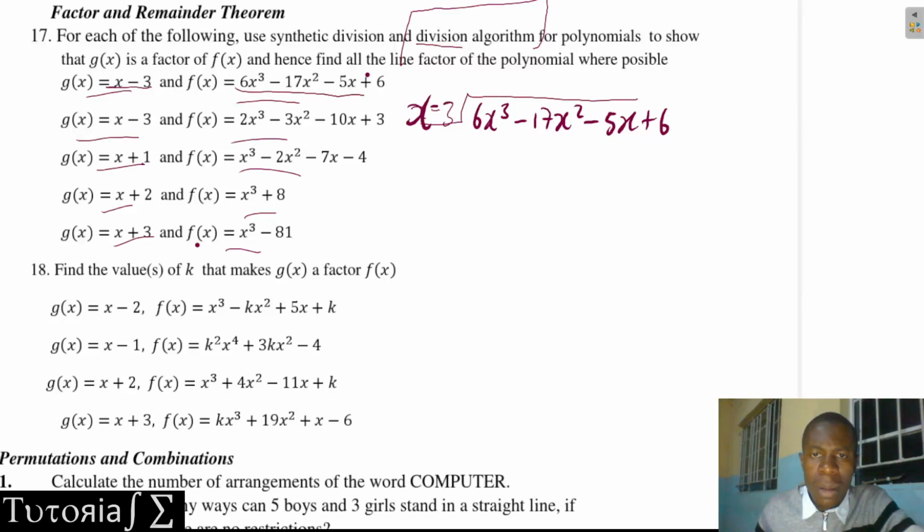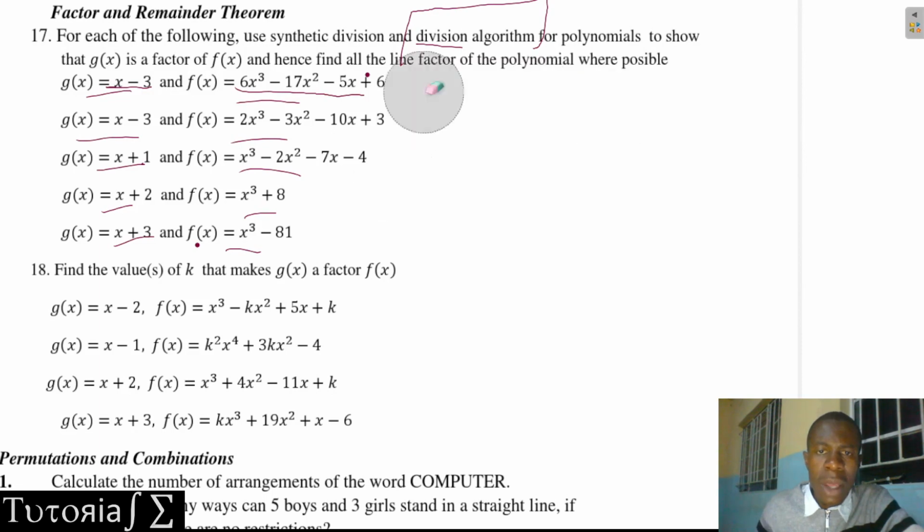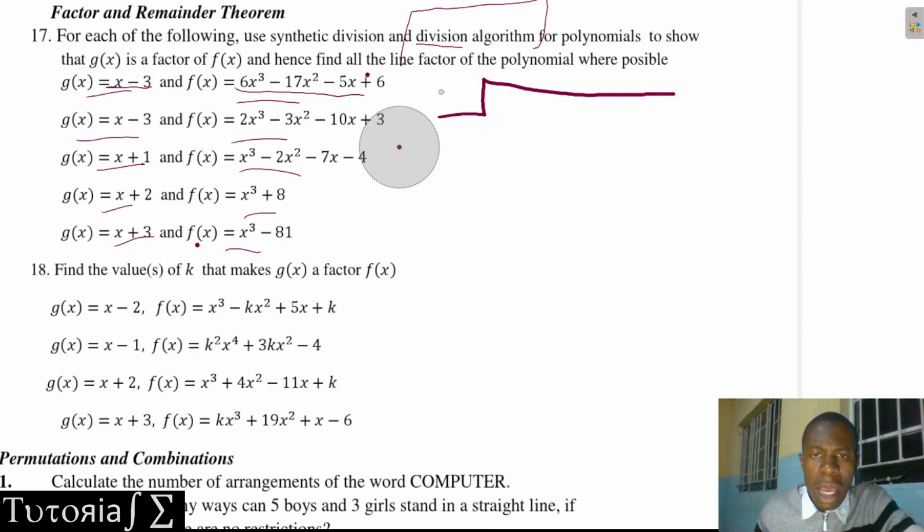Let me rewrite this properly: x minus 3 dividing 6x to the power 3 minus 17x squared minus 5x plus 6.